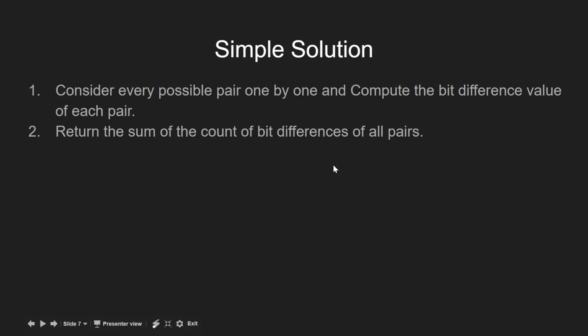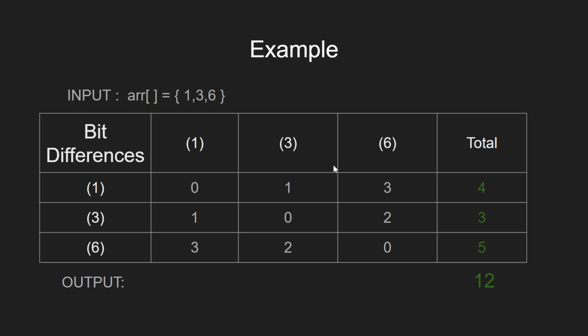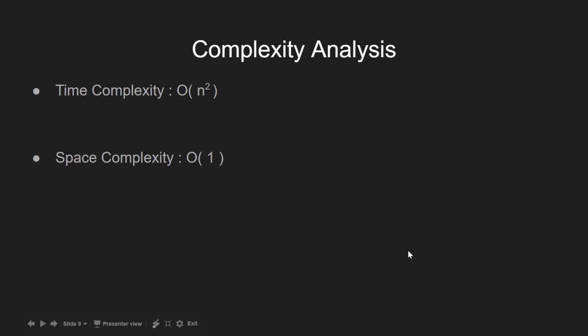As you might have seen in our previous example, for 3 elements 1, 3 and 6, overall we had 9 possible pairs. Hence, this would take a time complexity of the order of n square. Also, in this case our space remains constant throughout, hence that would give us a space complexity of big O of 1. Now, apart from this, we have an efficient approach also, which would solve the given problem in a time complexity of the order of n.